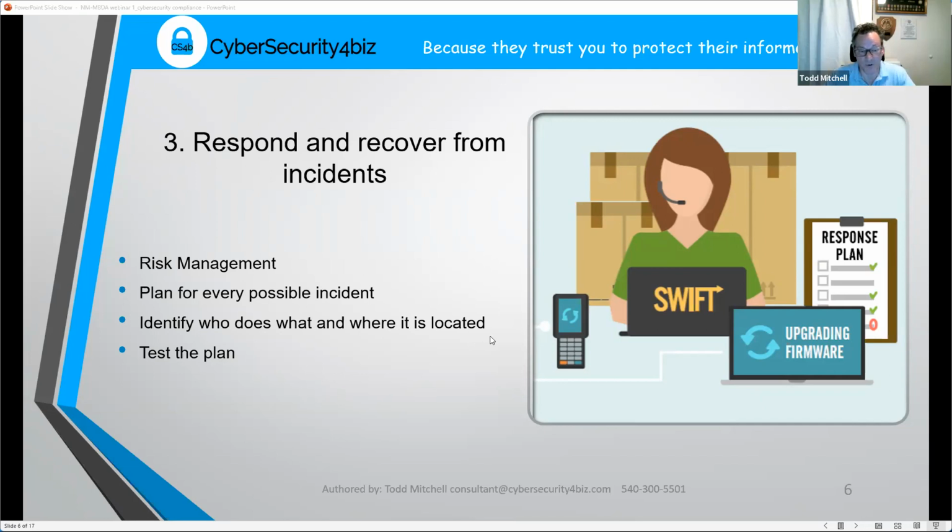So it's a risk-based decision on what you're going to actually implement for mitigations to the vulnerabilities that could keep you safe. But what you want to do with a recovery and response plan is, after you've weighed the risk, keep that in mind as you're going through the plan. You want to have a plan for every possible incident.